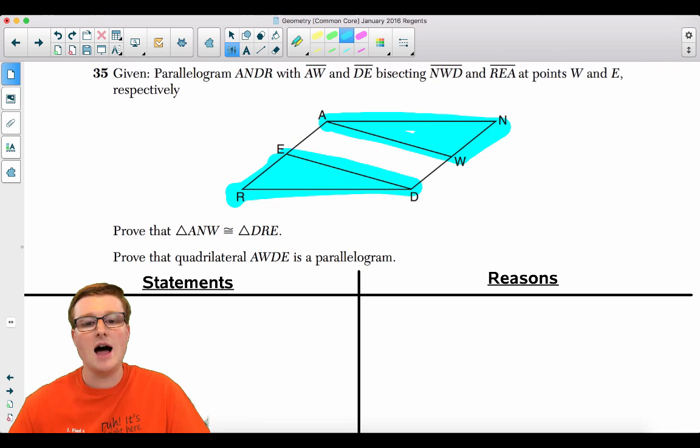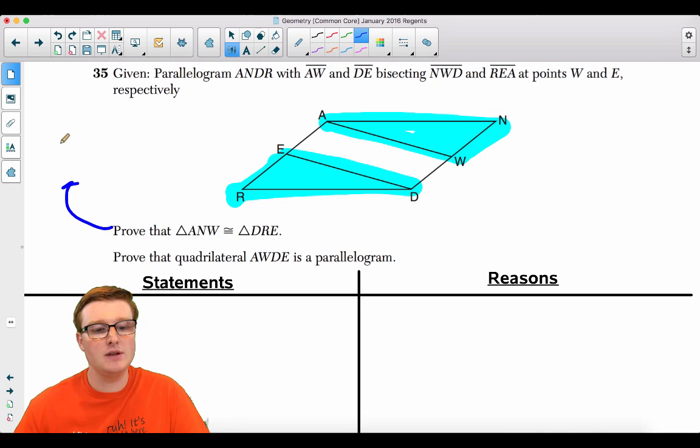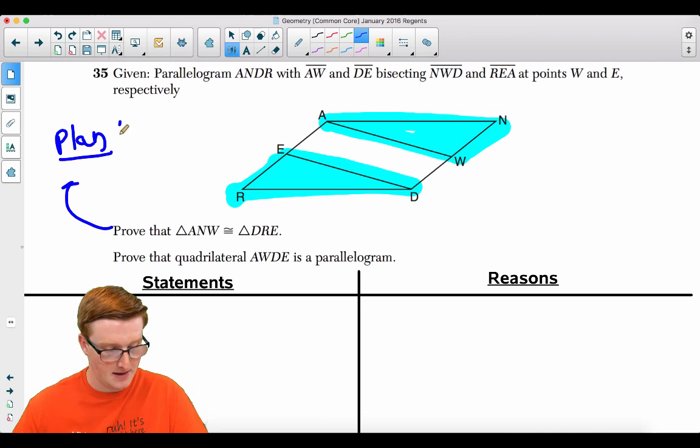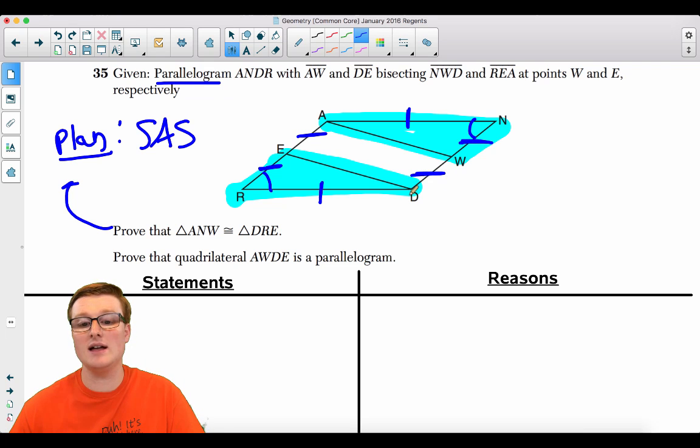Okay. I always like to make up a plan. The plan to prove these two triangles congruent is by side angle side, and I'll tell you why. This is a parallelogram. In a parallelogram, opposite sides are congruent, opposite angles are congruent, and since they said that E and W are bisectors, RE is congruent to EA, and WN is congruent to DW, and WN is congruent to RE.